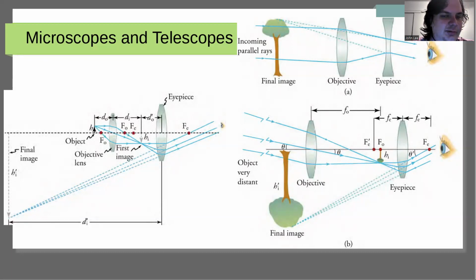Both with telescopes and microscopes, it allows the object to appear much larger than it really is.